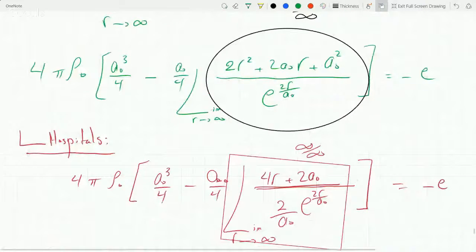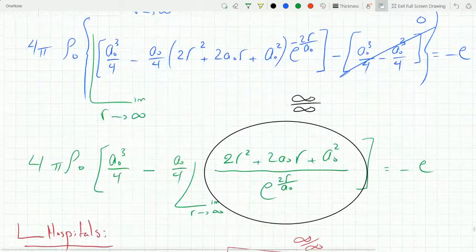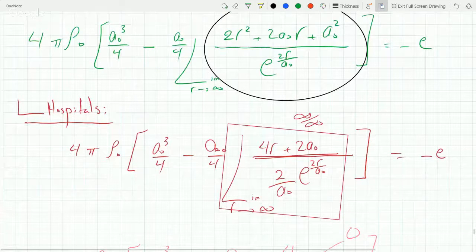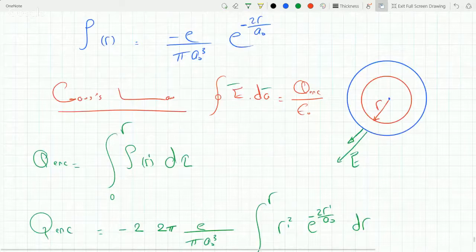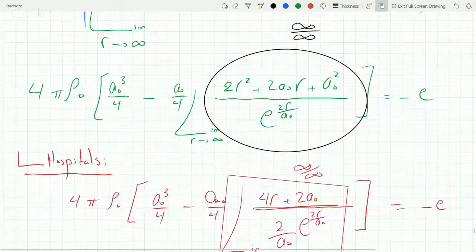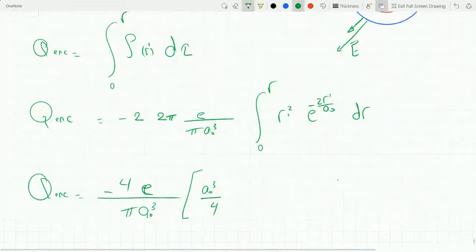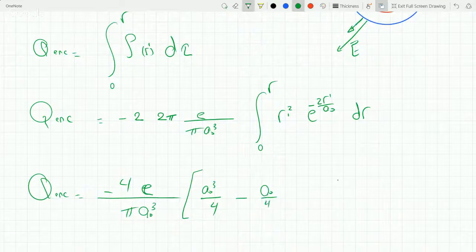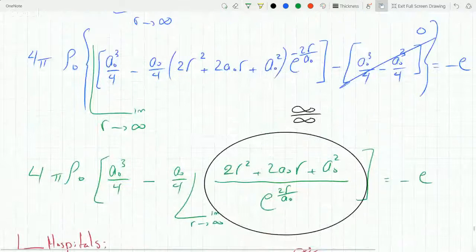So let me grab that before I took the limit.